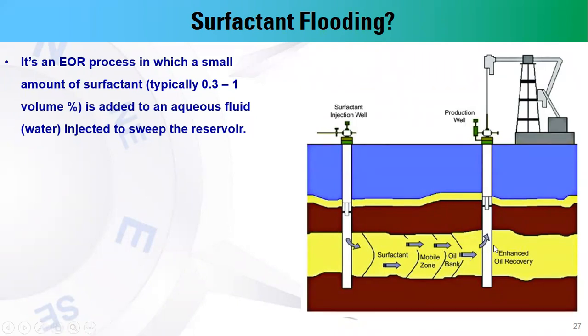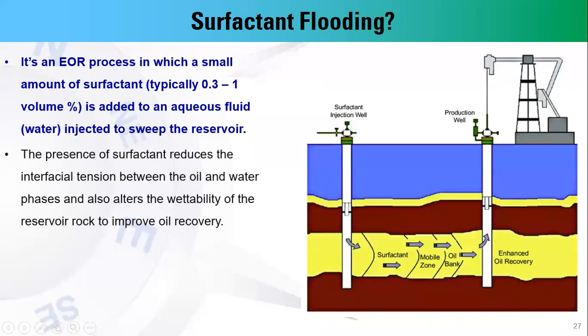So this is the surfactant injection well, and this is the oil bank and surfactant, and this is the mobile zone of residual oil, and surfactant will be injected right here.